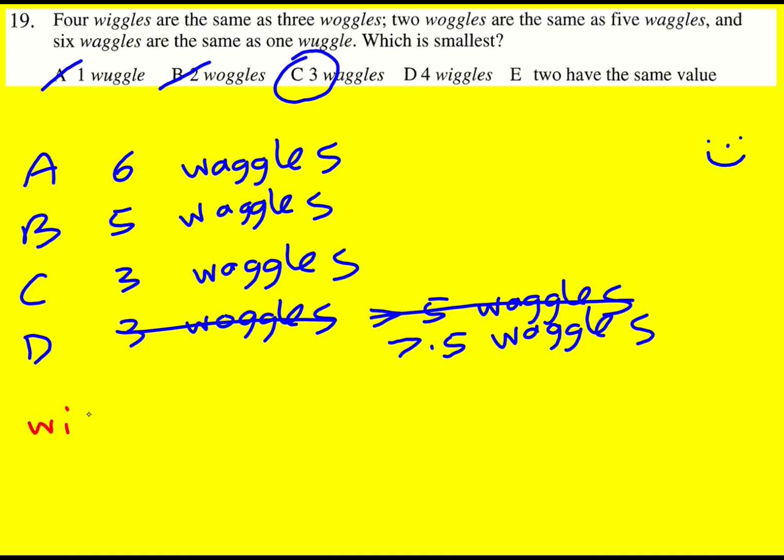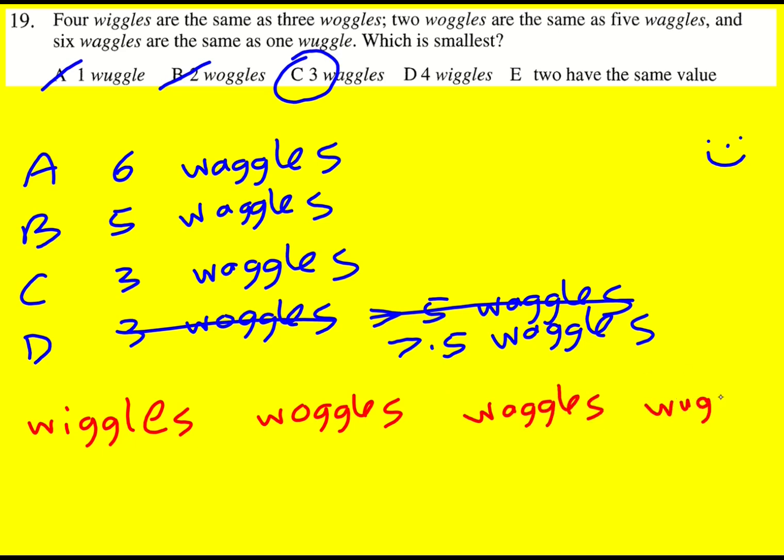I'm just going to share how we could relate them all together. So I've got wiggles, woggles, waggles, and woggles. Note this is not a ratio. You do a very similar thing with ratio, but actually we're comparing the amount of the currency that's worth another amount.